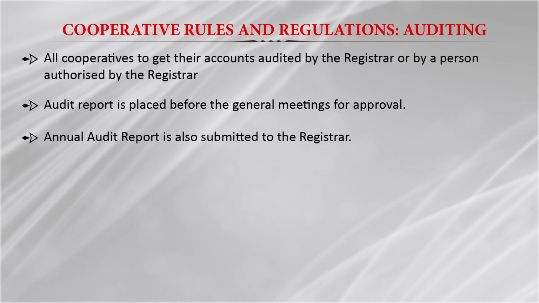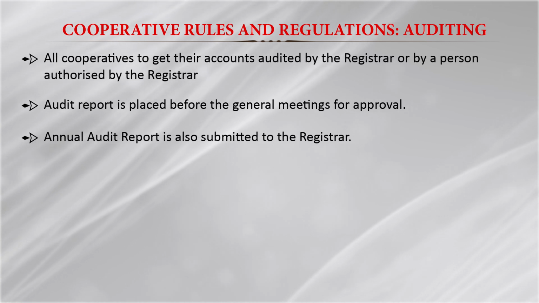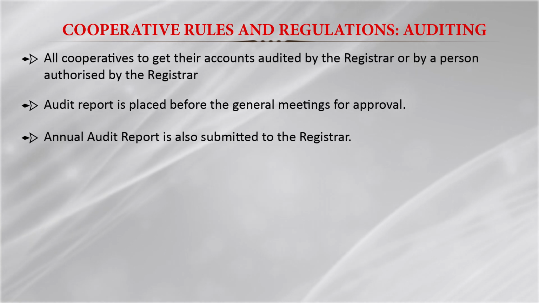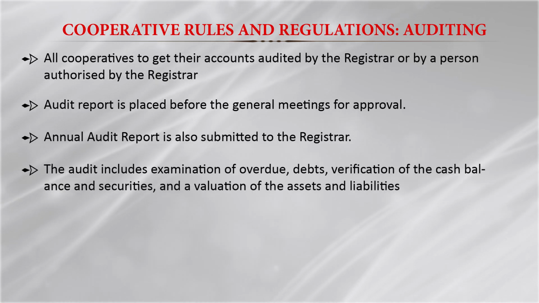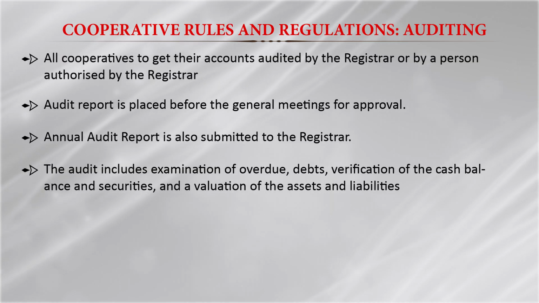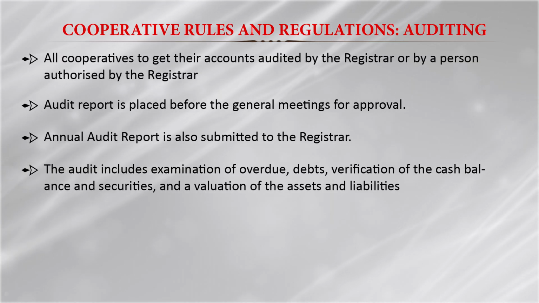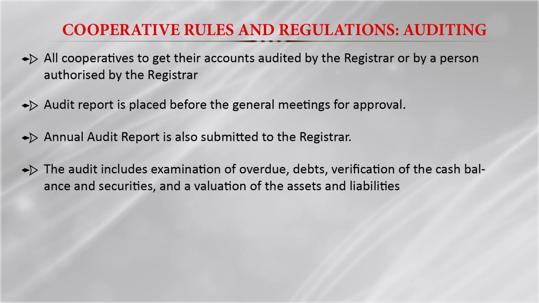An annual audit report is also submitted to the registrar after the approval from the general body meeting. And the audit basically includes the examination of the overdue debt, verification of the cash balances and securities, and also the report on the valuation of the assets and liability of the cooperative society.